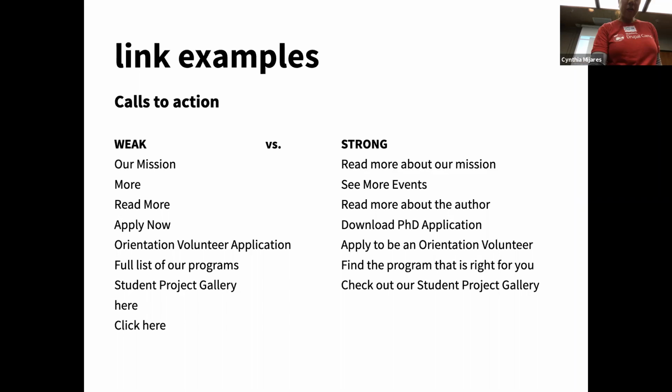Maybe if there's only one thing that you're applying for, that's okay. But there are options. We've got the orientation volunteer application, which could be a header, but as a link itself, maybe you want to just say "apply to be an orientation volunteer."